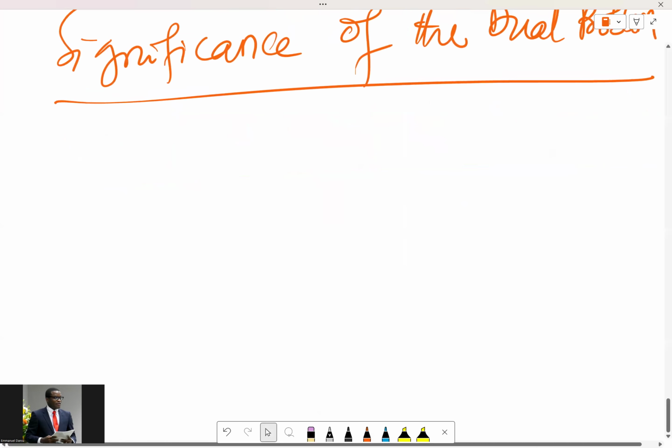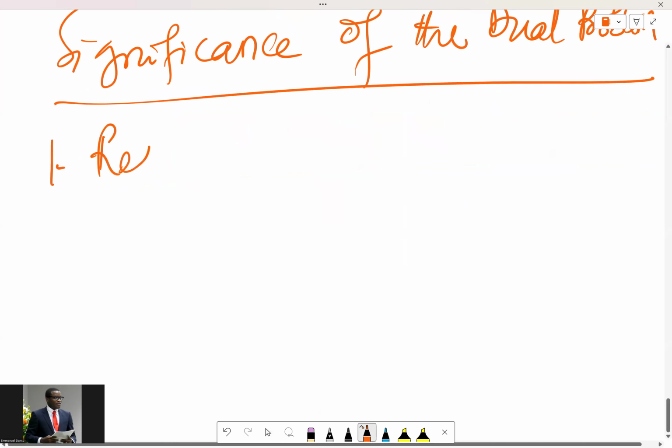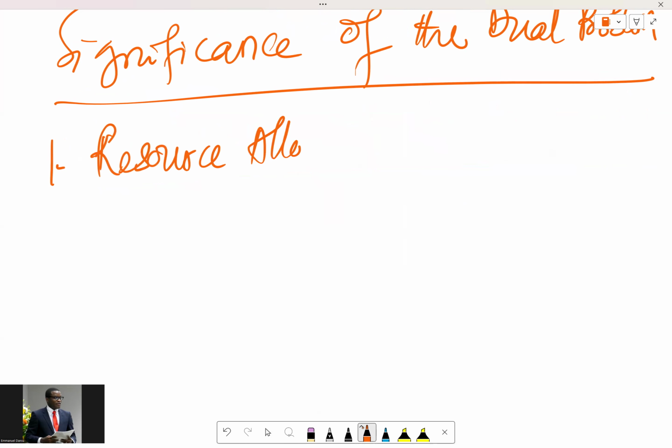Okay, so the first significance is that it's very important for resource allocation and cost sensitivity.